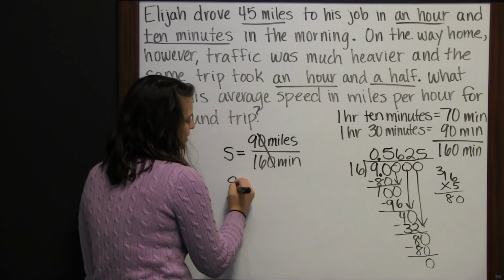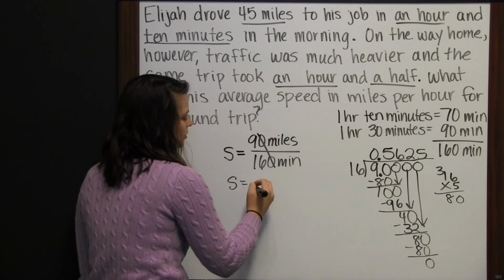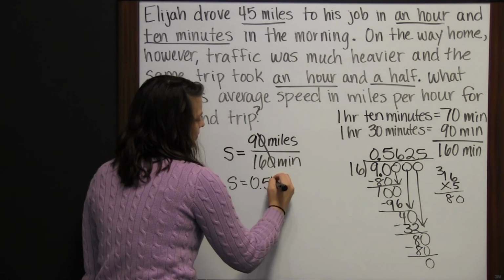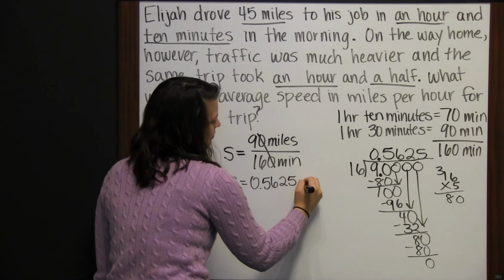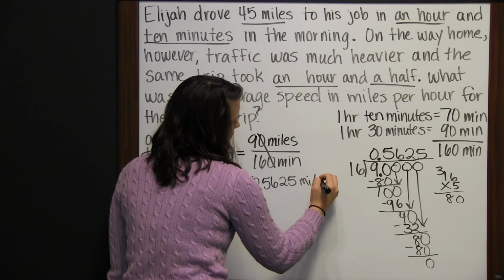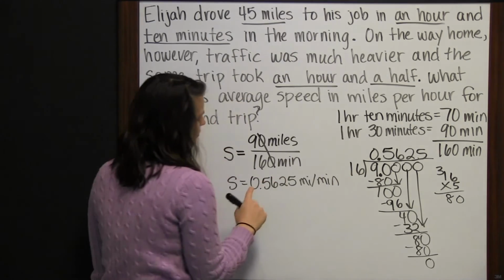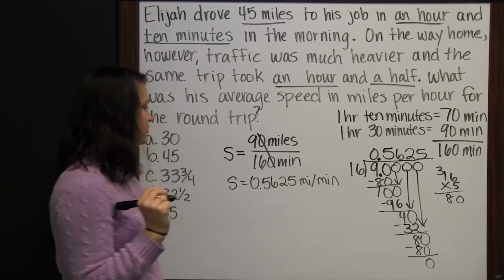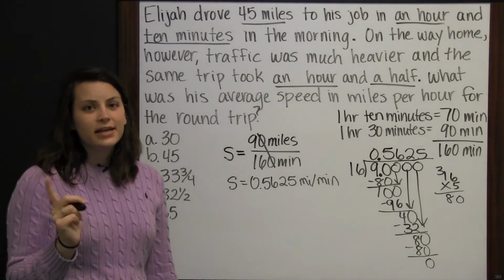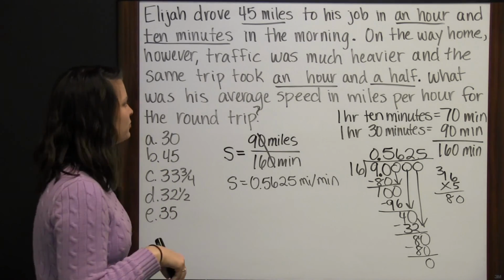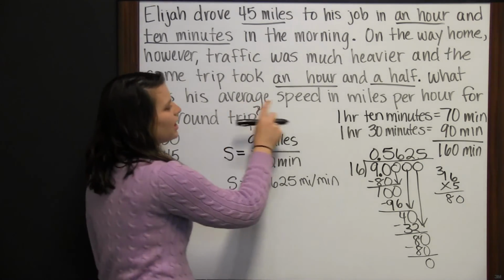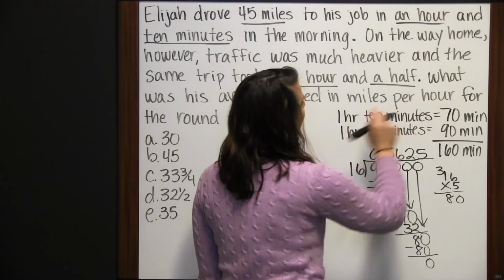So that means that his speed in miles per minute would be 0.5625. But they didn't ask us for his speed in miles per minute. They asked us for his average speed in miles per hour.